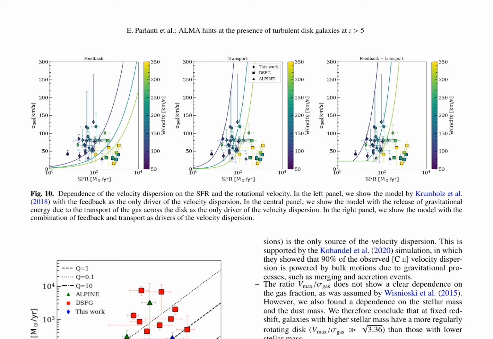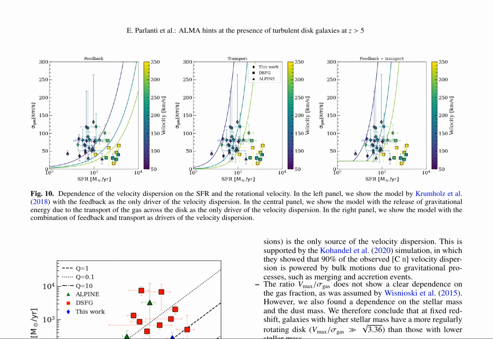The study examines the kinematical properties of high redshift galaxies, focusing on the relationship between velocity dispersion and star formation rates. Figure 10 illustrates the dependence of velocity dispersion on star formation rates and rotational velocity, considering 3 different models. The findings suggest that the high velocity dispersion of normal star-forming galaxies cannot be explained by star formation feedback alone and requires the contribution of gravitational instabilities.